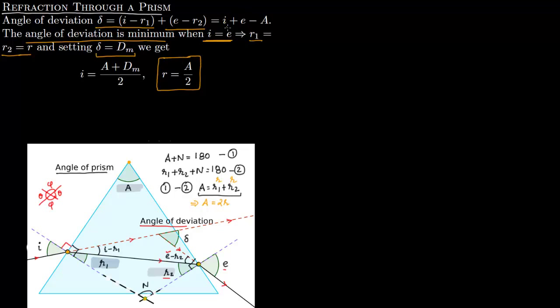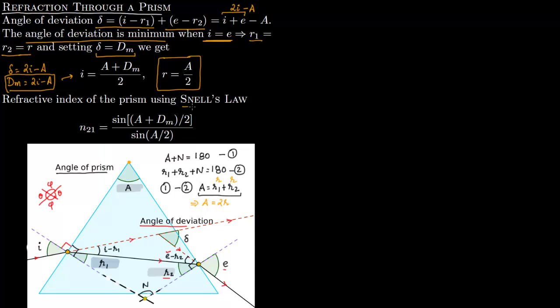And here since I is equal to E, you put this as 2I minus A, which is equal to delta. So delta is equal to 2I minus A, but delta you're setting as dm. So dm is equal to 2I minus A. You rearrange this and you get the angle of incidence as A plus dm by 2.